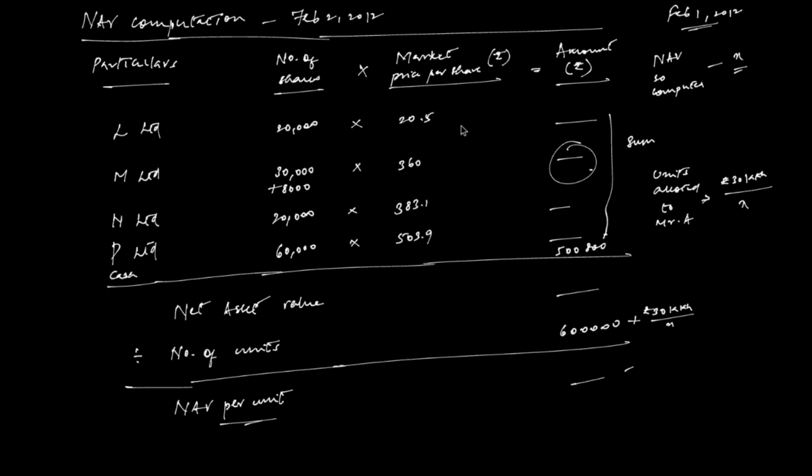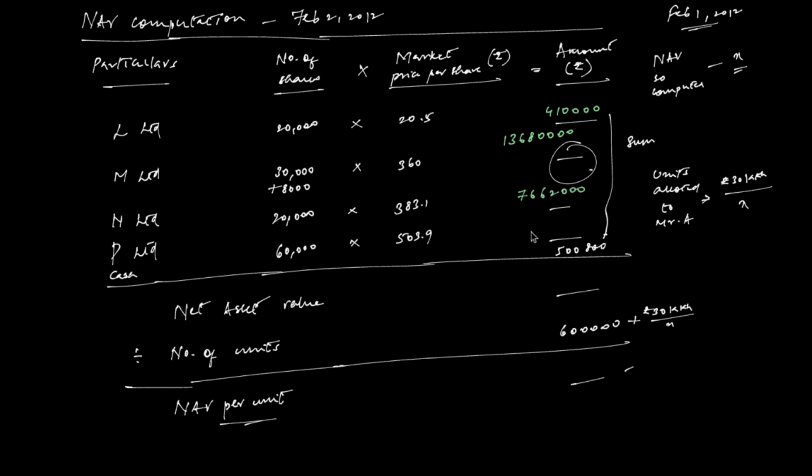Now 20,000 into 20.5, it is 410,000. Next 38,000 into 360, it is 1,368,000. Next 20,000 into 383.1, it is 7,662,000.